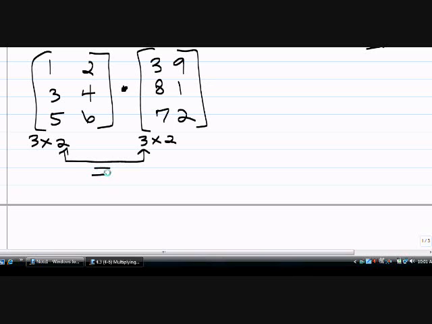They're not equal, so there is no product. The product is undefined. The number of columns of the first matrix has to be the same as the number of rows of the second matrix. Otherwise, our multiplication pattern doesn't work out right. We don't have enough elements to multiply.